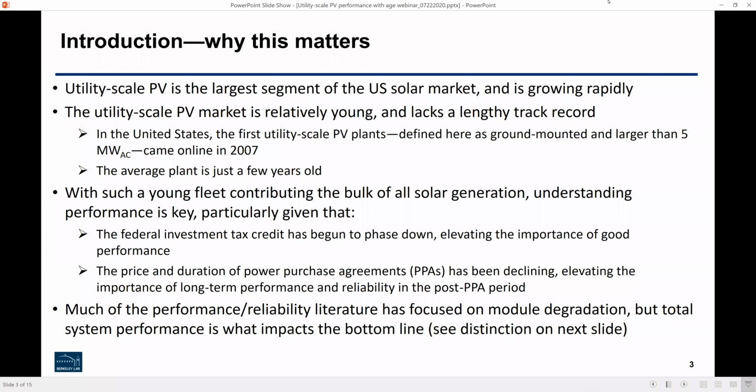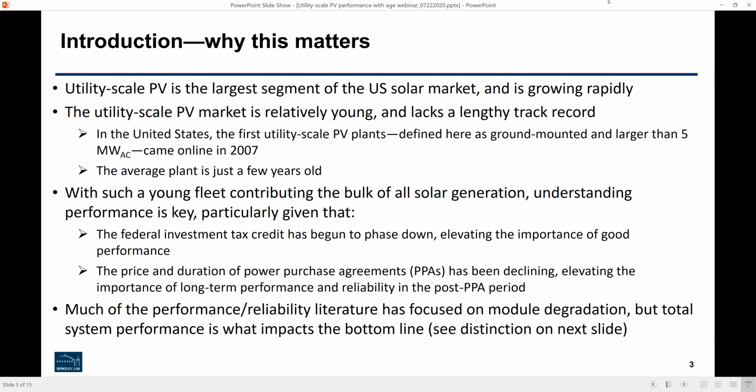So that's not a long track record, particularly for a technology that is expected to operate for 30 years or longer. And while the first few projects date back to 2007, the market has been growing very rapidly in recent years, which means that the average utility-scale PV project in the U.S. is really only a few years old at this point.